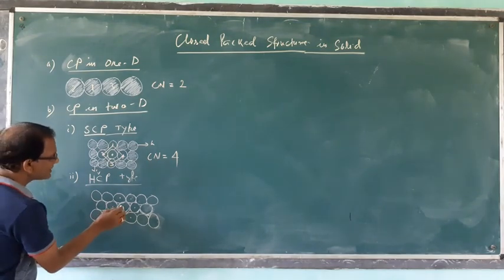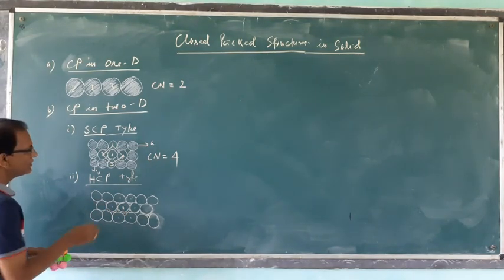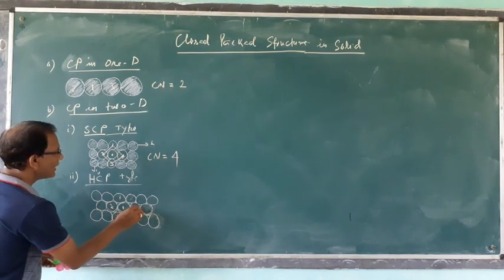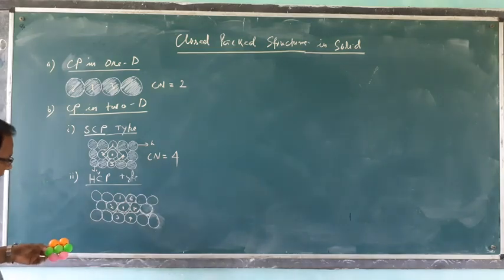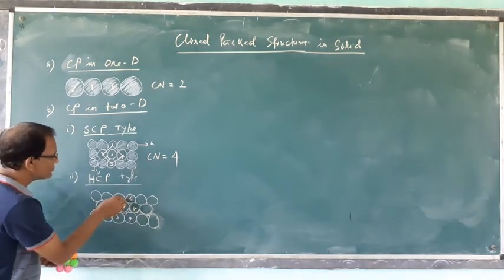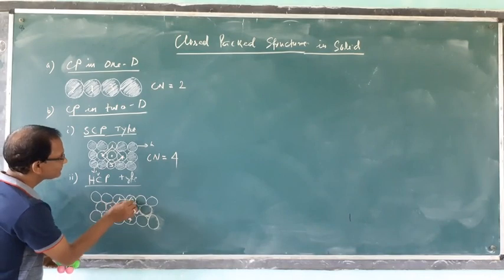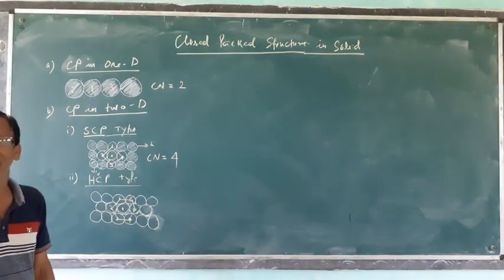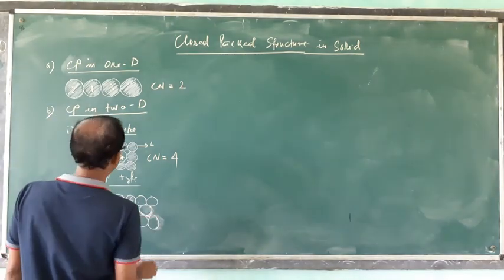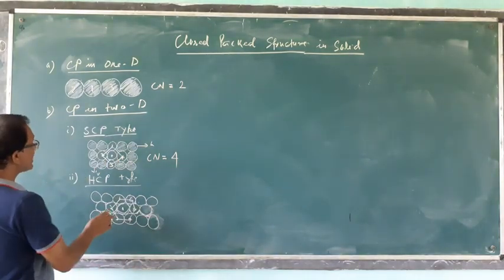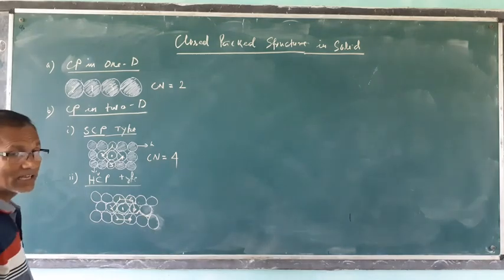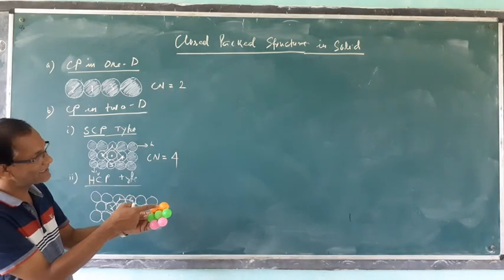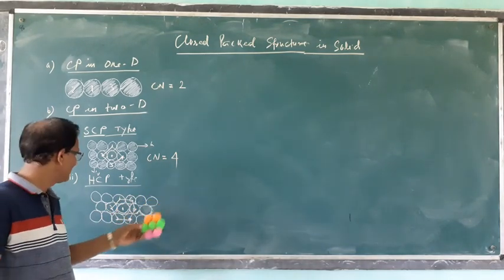Here it is directly touching 1, 2, 3, 4, 5 and 6. If you join these, it will be just like a hexagon. That's why it is called hexagonal close packing.